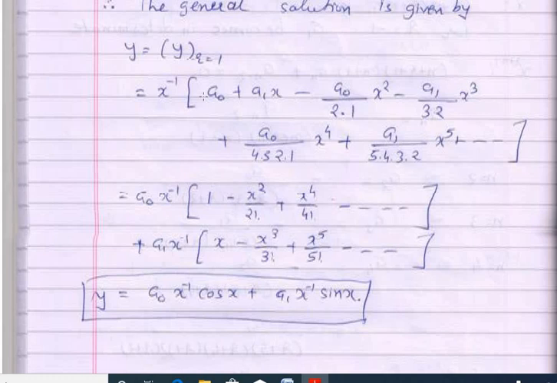So separating the terms of a0 and the terms of a1, you will have 1 minus x square by 2 factorial plus x raised to 4 by 4 factorial, and so on. In the same manner here you have x minus x cube by 3 factorial plus x raised to 5 by 5 factorial, and so on, and that will give the general solution.